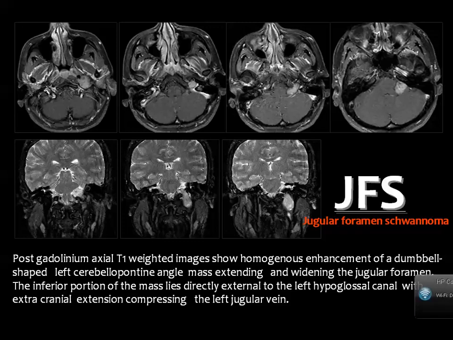And multiple benign lesions occur in this foramen, like schwannomas of the nerves crossing through the foramen and also meningioma. Then you consider in the differential diagnosis meningioma and schwannoma of any of the cranial nerves coursing through the jugular fossa.